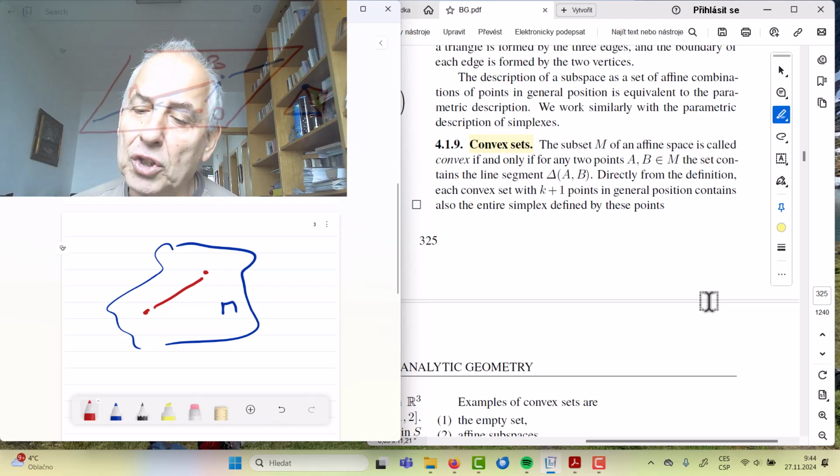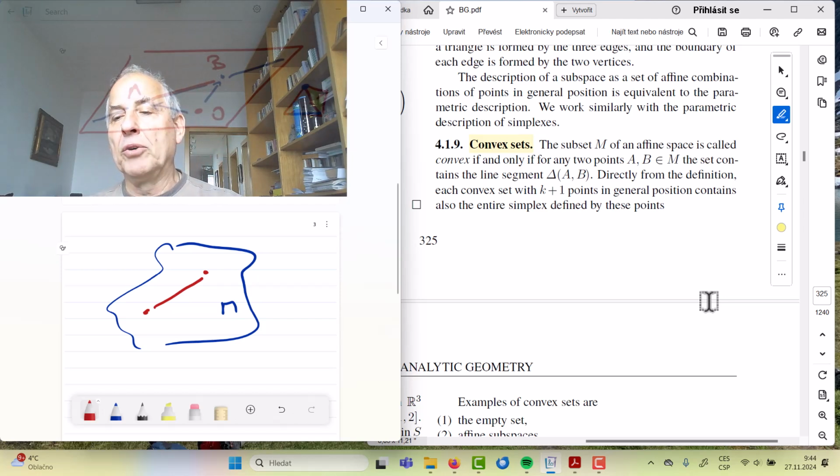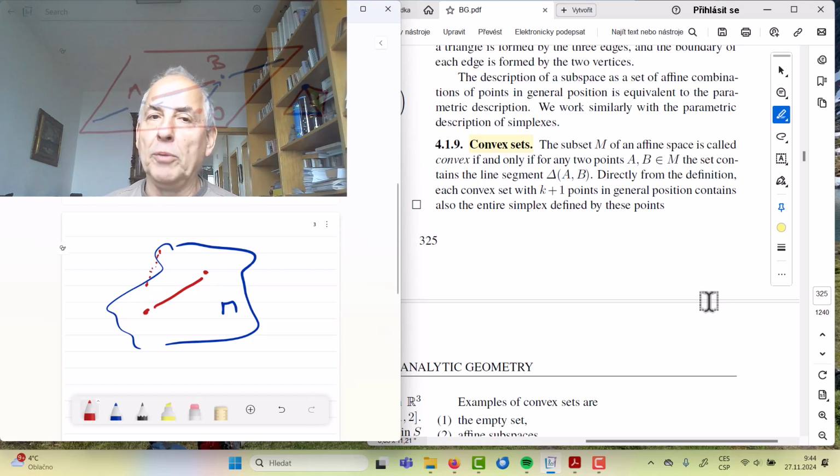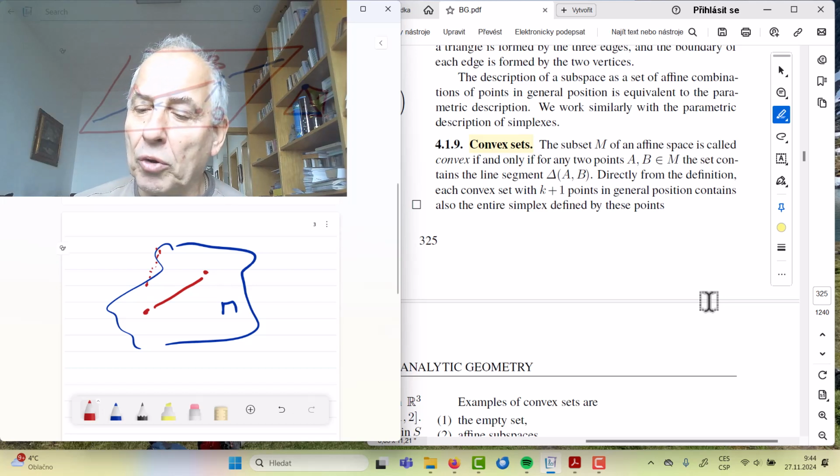Of course, if this was in the regular plane, then you see that I just break this condition here, so this set M wouldn't be convex, but there always will be a convex hull, the smallest thing which is already convex, and that would be something like this, right?